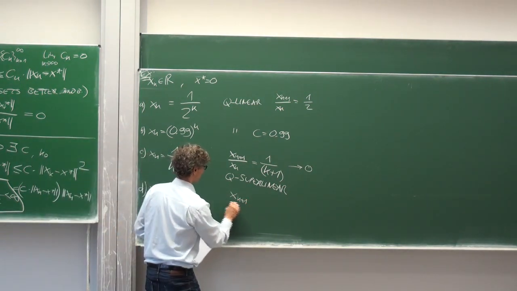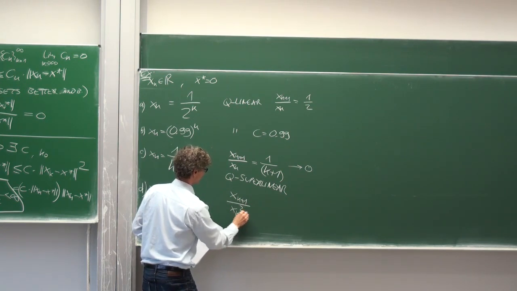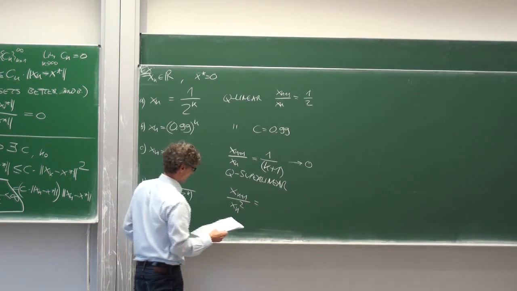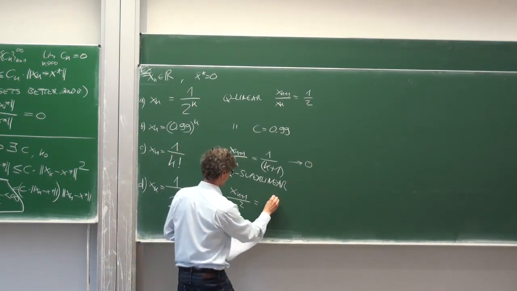Let's look at what would happen here. xk plus 1 divided by xk squared, what will it be? Let me just write it explicitly.